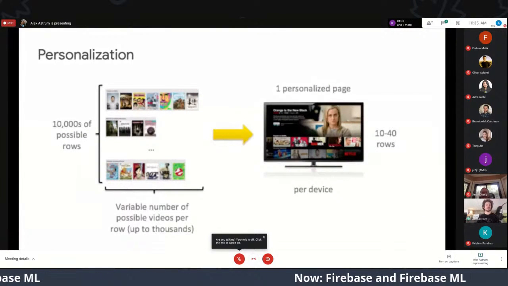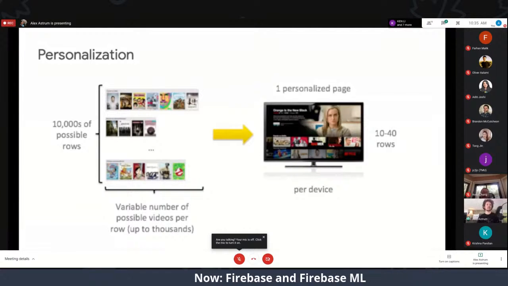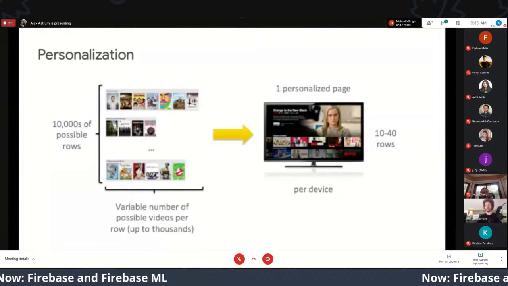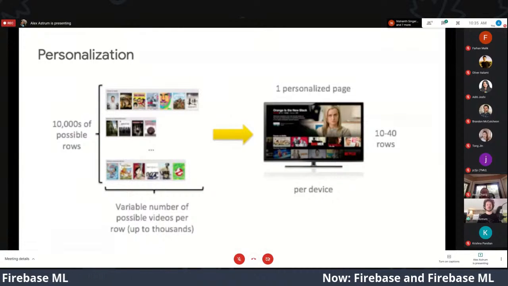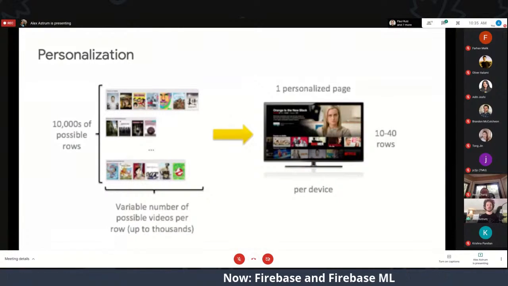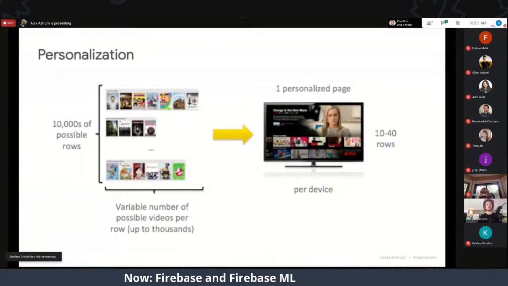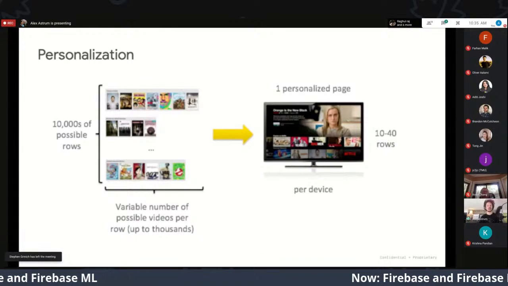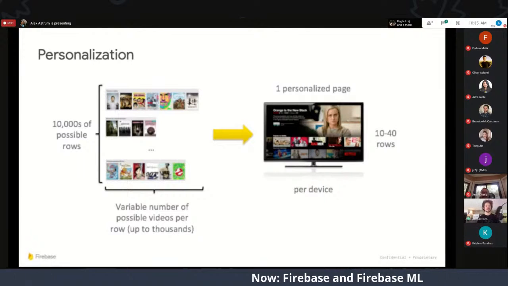A second really useful application of machine learning is personalization. Essentially, we would have a bunch of possible interpretations of content or things, and then we would recommend just a few that we think would be most relevant for that particular case.